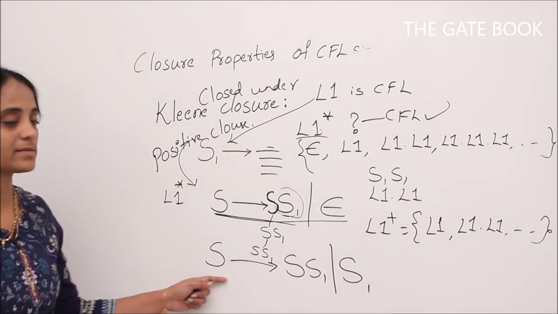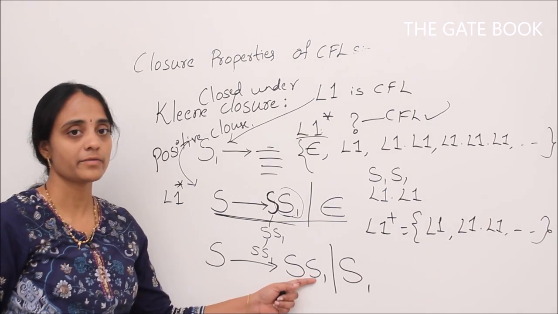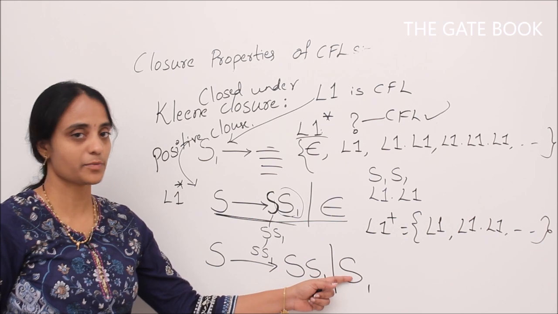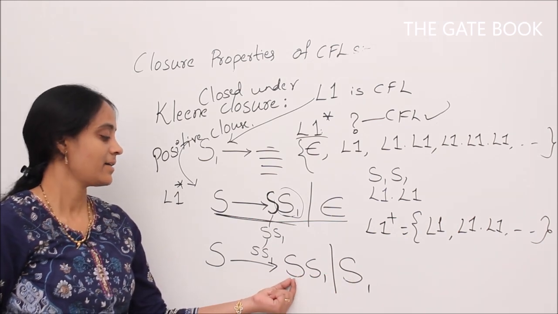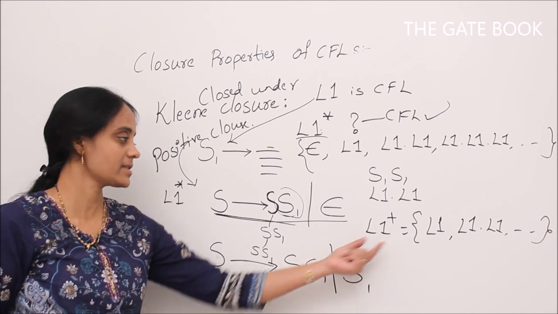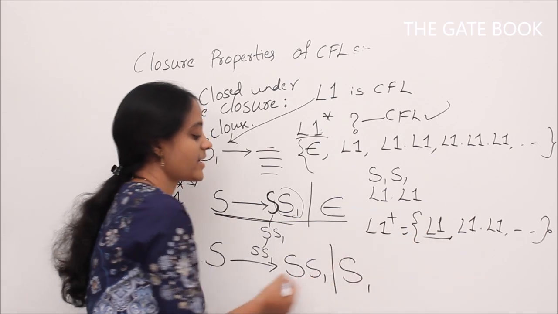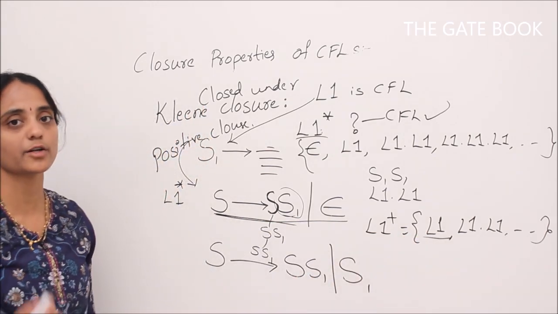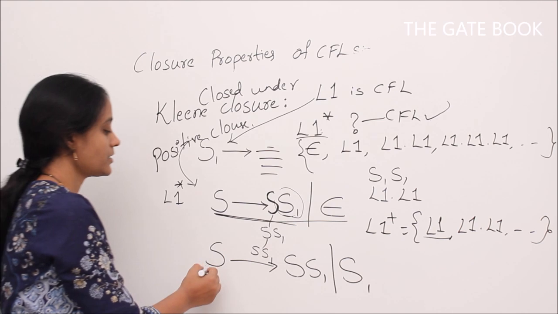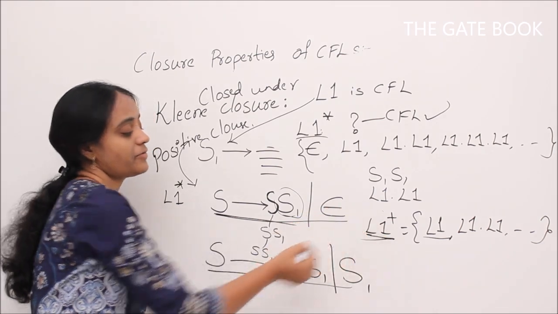So the final replacement of S should be S1. Then I can derive L1 if I use this production, or if I replace with this, ultimately this S has to be replaced with this S1. That means I can get L1 concatenated with L1, and so on. But I will never have epsilon, that means zero occurrences of L1. In this way I can derive all the strings of positive closure of L1.